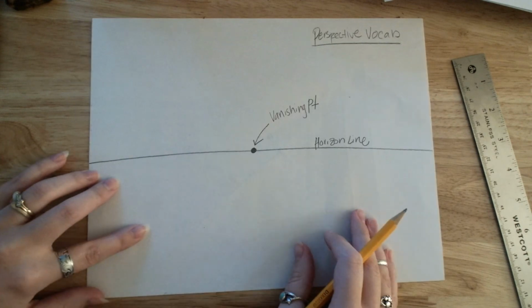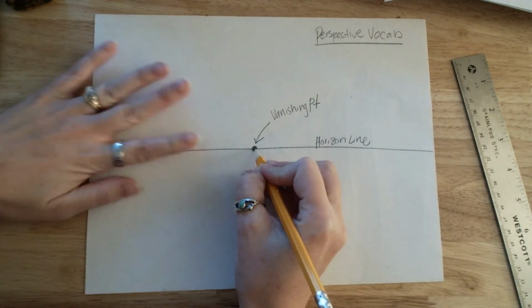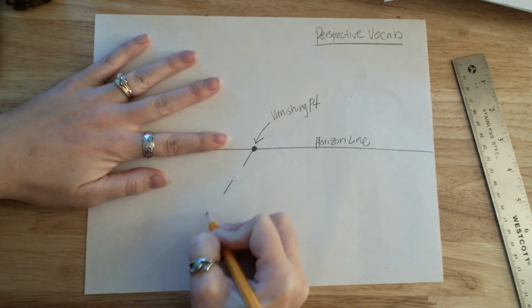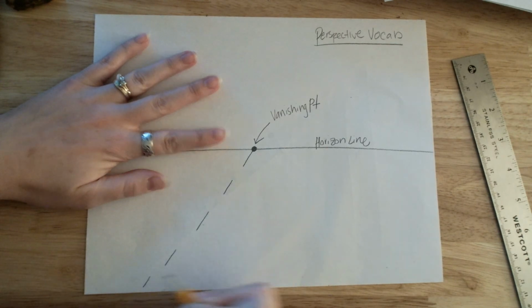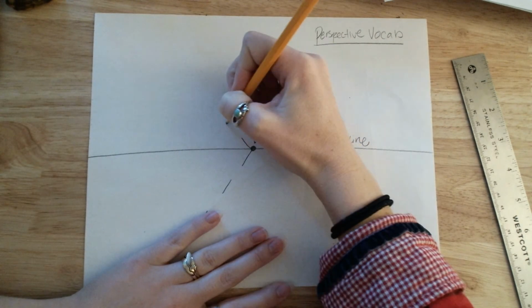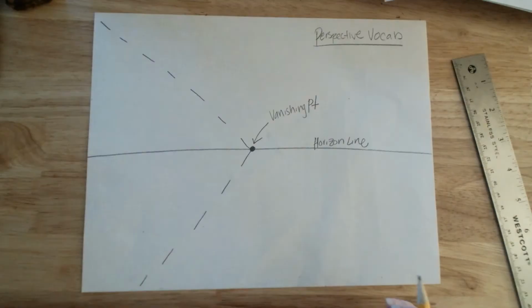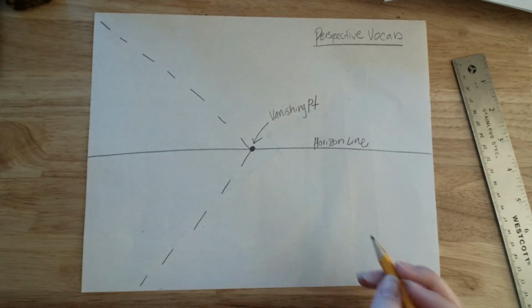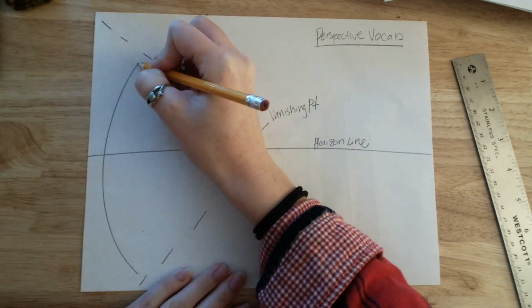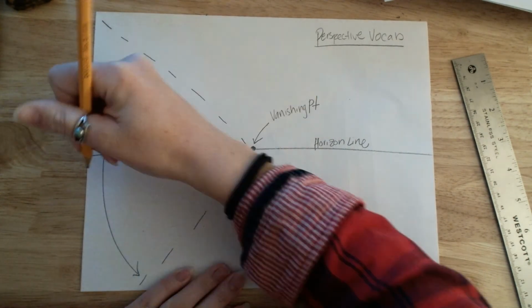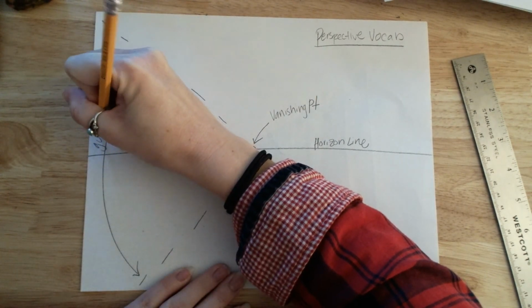That brings me to the next thing that we're going to draw, which is some guidelines. We're going to do some dashed lines going down, some dashed lines going up at diagonals, going towards the vanishing point. We can make an arrow that points at both of these and label it guidelines.